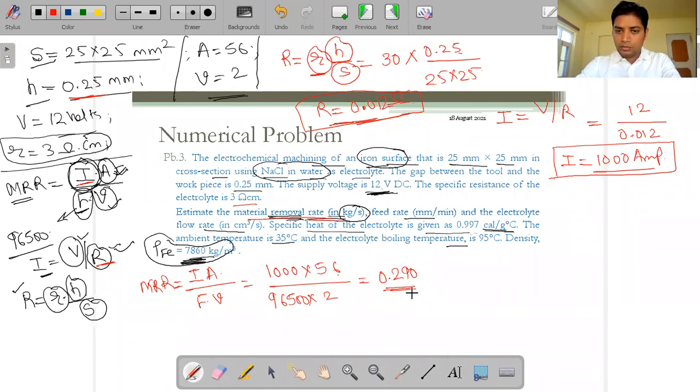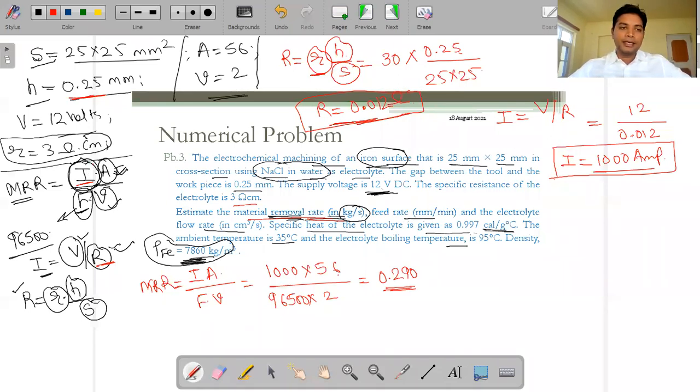Sir, 0.290. What is the unit of this? I think it's grams per second. Yeah, right. Gram per second. Why is it not kg per second?